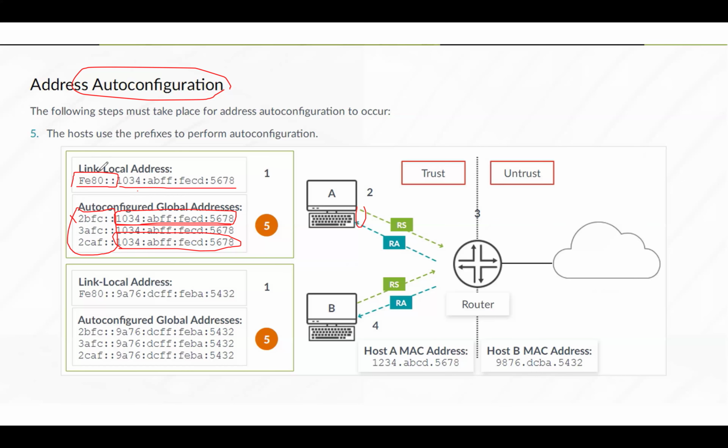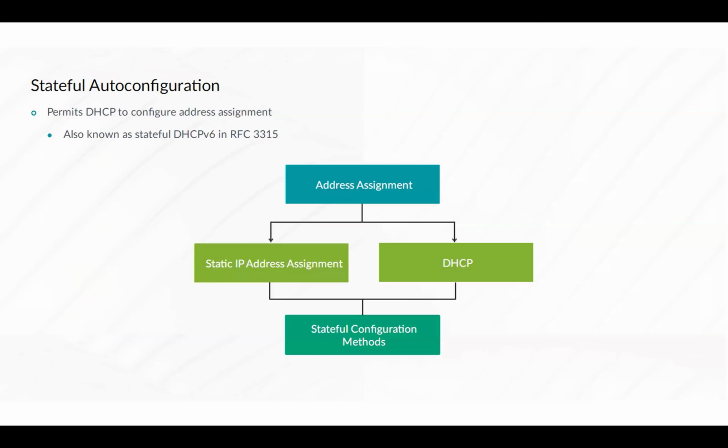And if you just enable IPv6 and set the auto configuration command, the interface will automatically make a 128-bit IPv6 address. The first portion is link local and the second portion comes through EUI-64. So that is the method to make an IPv6 address through address auto configuration.